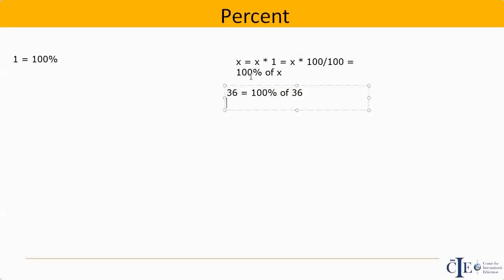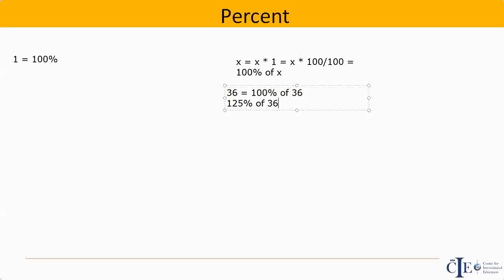Now 36 is 100% of itself, so I want to increase its value from 100% to 125%. So the new value will be 125% of 36.